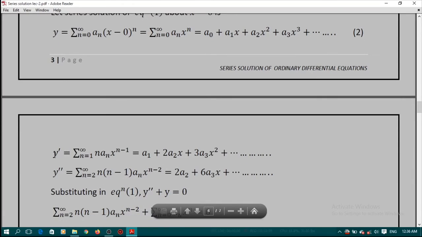So after differentiating one time we get y' = summation n running from 1 to infinity n an x^(n−1), or you can write that as a1 + 2a2x + 3a3x² + so on, and y'' = summation n running from 2 to infinity n(n−1) an x^(n−2), that equals 2a2 + 6a3x + so on.